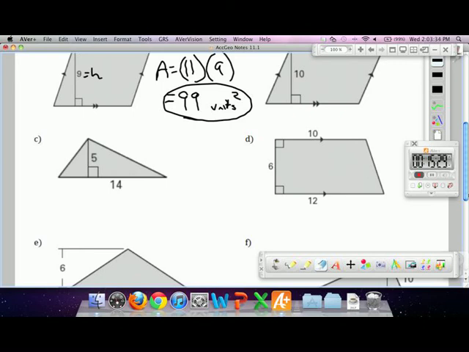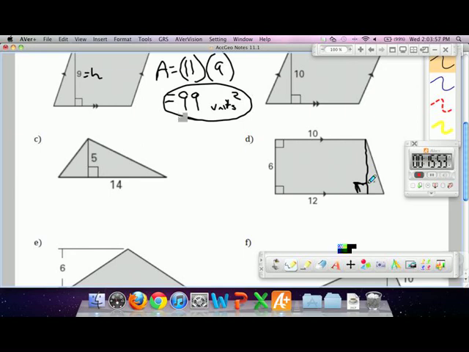Namely, how would we break this guy into, say, a rectangle? Let's break this into a rectangle and a triangle. What is that? A little triangle. Okay. By breaking this into two figures, let's now label things that we know.